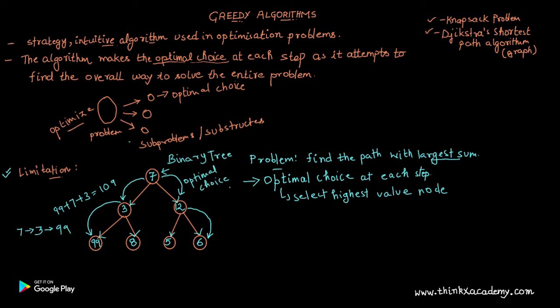So you can see that in this case using a greedy algorithm will give you a wrong answer, because we know that ideally the solution should be this one. So the largest sum is 109, but our greedy algorithm, since it is choosing the optimal choice at each step, gives us the wrong largest sum.